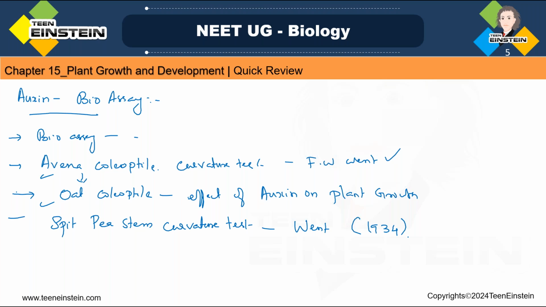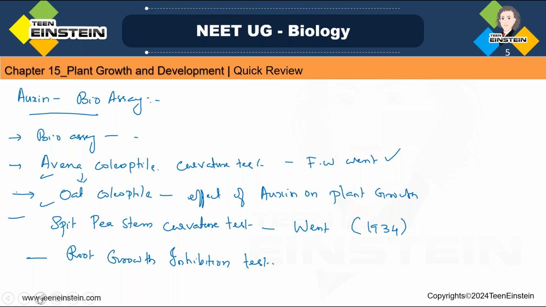Then the root growth inhibition test. These are the bioassays done for auxin. All these come under the bioassay of auxin. So all these points you must learn without leaving one point, and from this 2-3 questions are repeated.